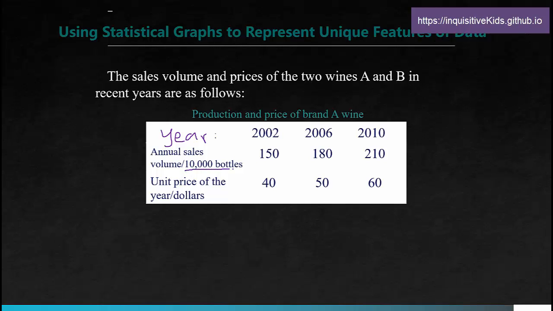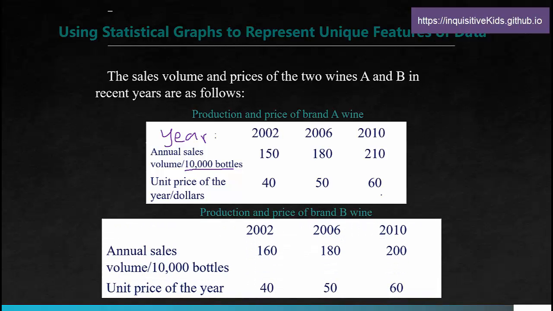If it says 10,000 bottles, this means that this 150 here really is 150 times 10,000. So in 2002, the annual sales volume per 10,000 bottles was 150, 2006, 180, 2010, 210. Unit price of the year per dollar: $40, $50, $60.